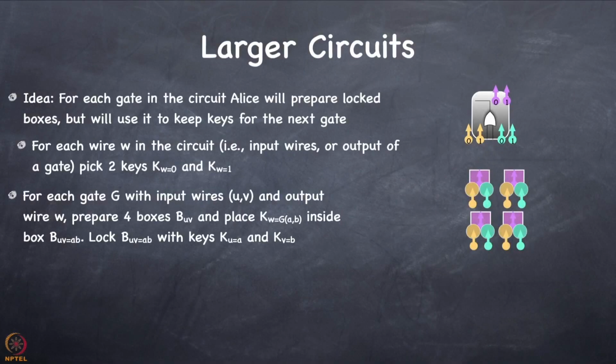So for each gate, Alice will prepare these 4 boxes as before, except for what she puts inside the box. The box labeled UV, where I'm calling U and V the input wires and W the output wire.